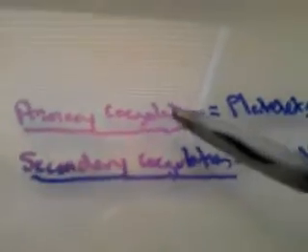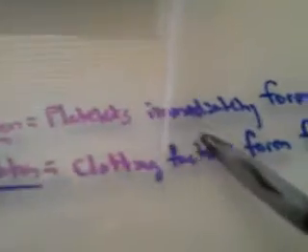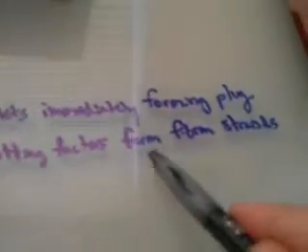You have primary coagulation and secondary coagulation. Primary coagulation is where platelets immediately form a plug, and secondary coagulation is where clotting factors form fibrin strands. So primary coagulation basically deals with platelets. Secondary coagulation basically deals with fibrin being formed.